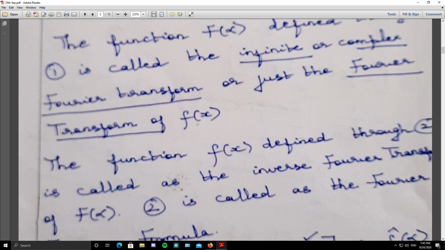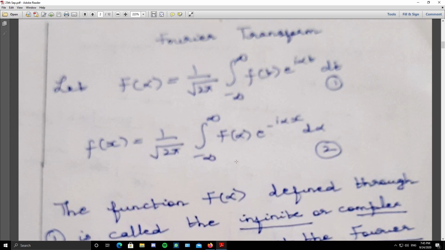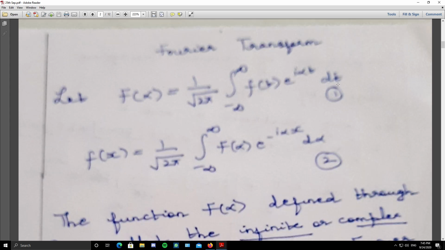So the Fourier transform is denoted by F of alpha. Why F of alpha? You are integrating with respect to t. It is a definite integral, and definite integrals are always functions of the constants, so alpha, so F of alpha.